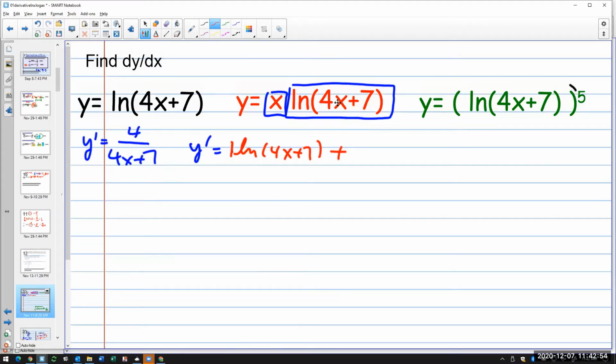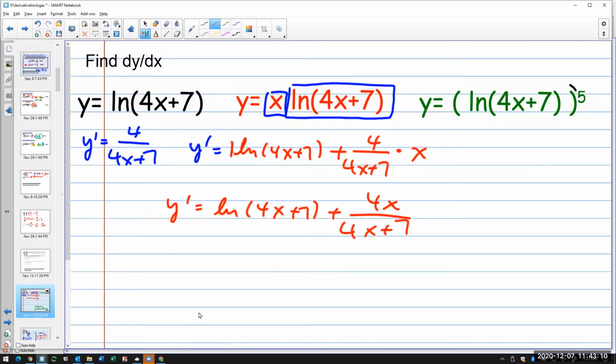What's the derivative of ln of 4x plus 7? 4 over 4x plus 7. Don't forget times the first. So if I were to simplify this, this y prime would be ln of 4x plus 7 plus 4x over 4x plus 7. Do you guys see that? And that's simplified here.